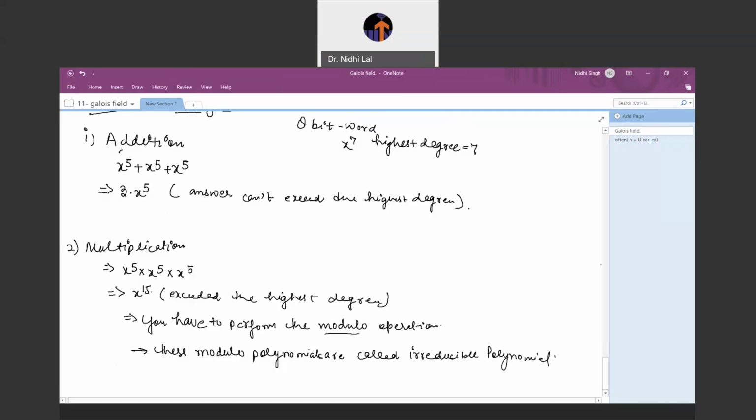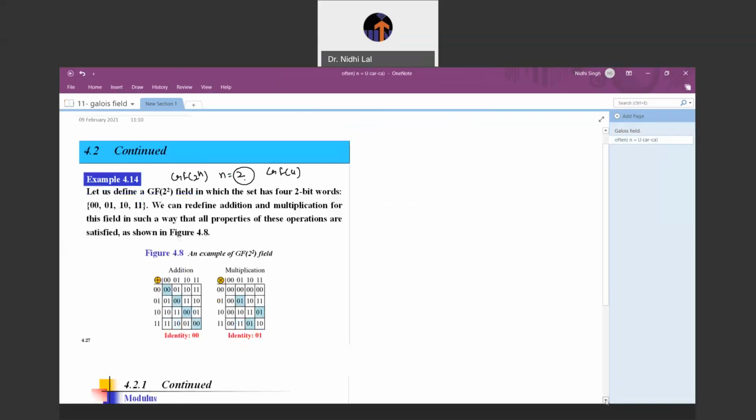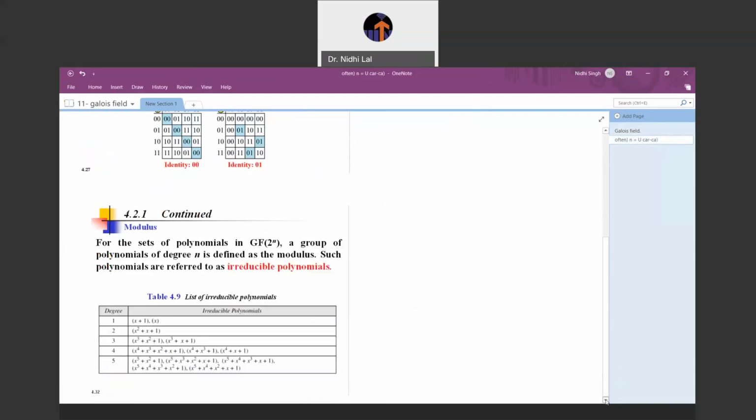So here there is one example. These are certain irreducible polynomials such that you can perform the mod operation if you are associated with a certain degree. So if you are associated with degree 1, you can use this one as an irreducible polynomial, and if you are associated with degree 5, then you can use this one. So this one will be given in your question.